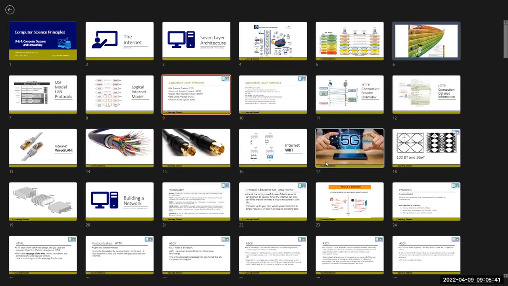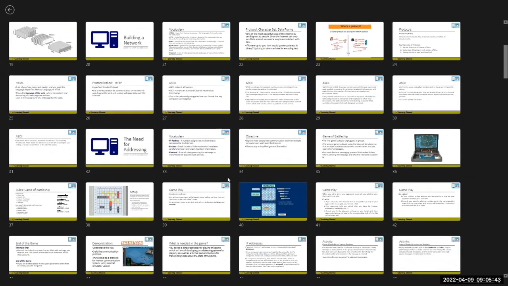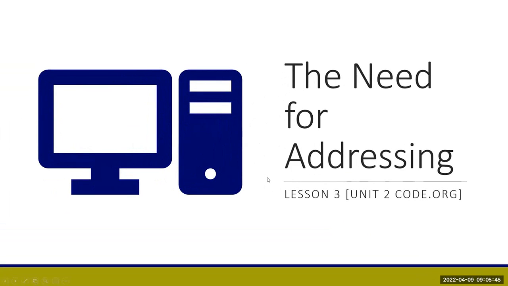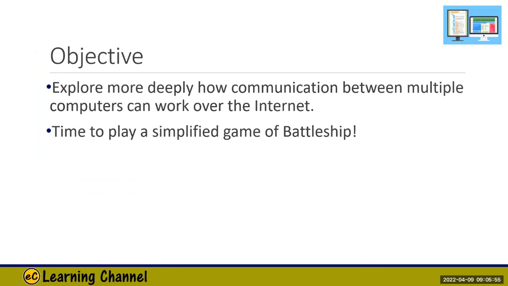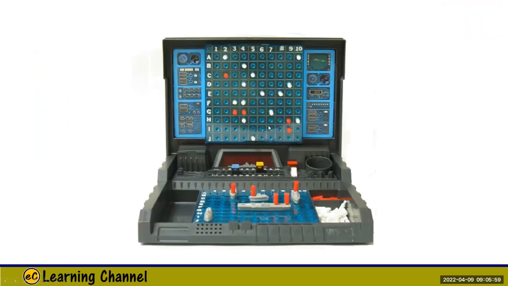Today we focus more on the IP address. An IP address is an address that you need for any computer. I think last time we may already have seen some video on the IP address. And here there's a game called Battleship. In the old days, we played a game like this, the Battleship board game.